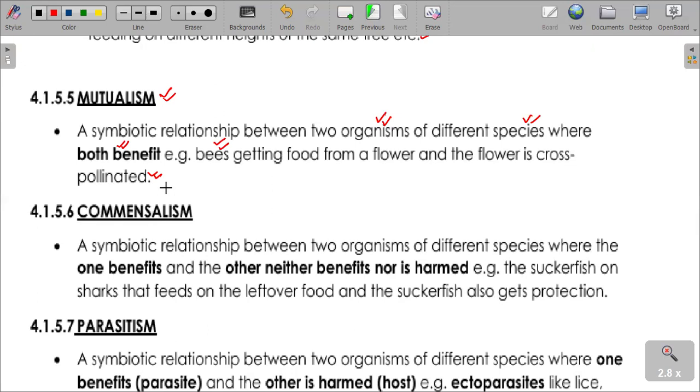It can also be a tick bird and cattle. Another example, a tick bird and cattle, where the tick bird comes and is eating the ticks on the cattle.